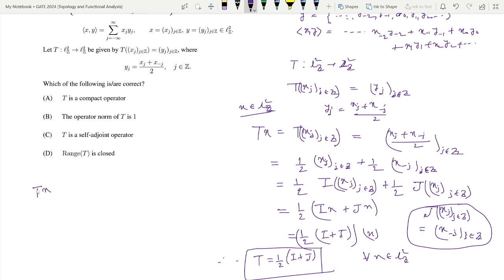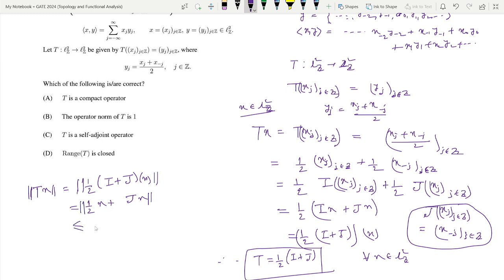Now see, if we take arbitrary x, then we calculate this norm Tx. So norm Tx equal to norm of half (I plus J) at x. So this is norm of half x plus half Jx.